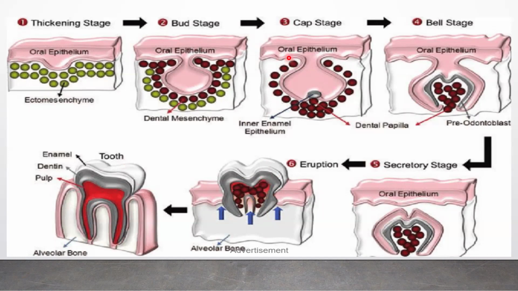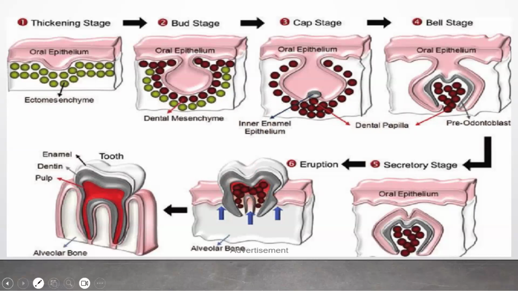So this process starts embryologically, prenatally, then it finalizes as a person grows, with the wisdom teeth coming at around the second decade. Yeah, but it's a process that comes continuously.